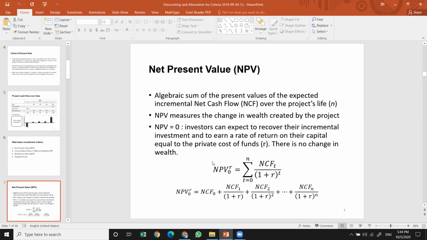NPV actually measures the change in wealth created by a certain project. If NPV equals 0, investors can expect to recover the incremental investment and earn a rate of return equal to their private cost of funds. So there is no change in wealth; they're at a break-even point.